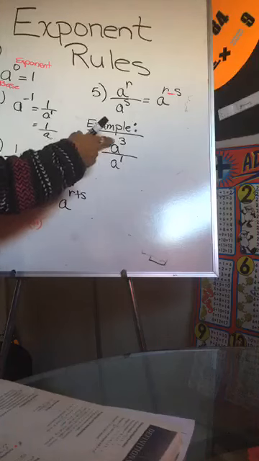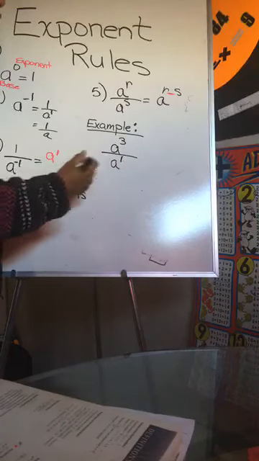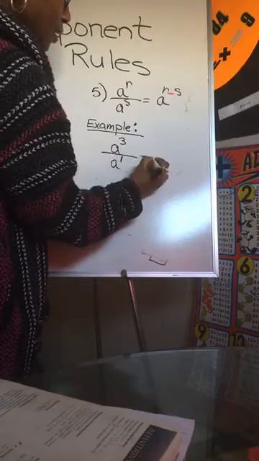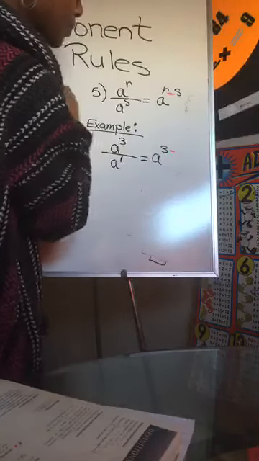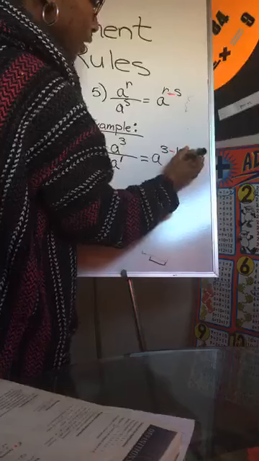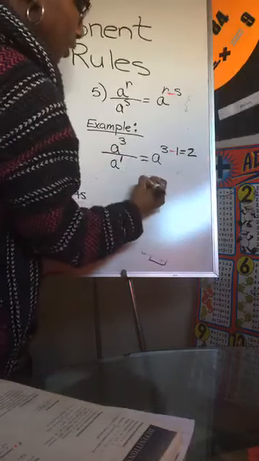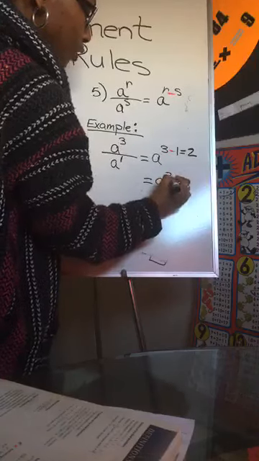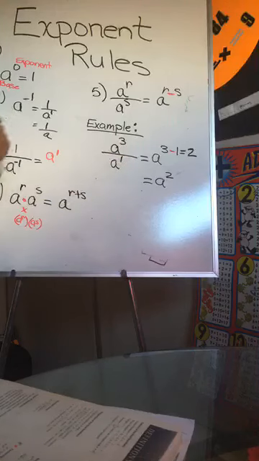All right, so we have a raised to the 3rd power divided by a raised to the 1st power. So we have to subtract 3 minus 1 is equal to what? 2. All right, so this will equal a squared or a raised to the 2nd power because we had to subtract 3 minus 1. You subtract your exponents.